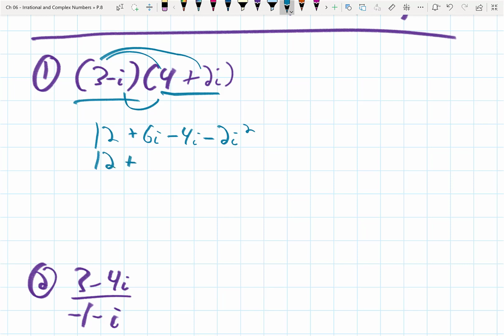But negative 2i squared is just negative 2 times negative 1, which is just plus 2. And my complex number would be 14 plus 2i.